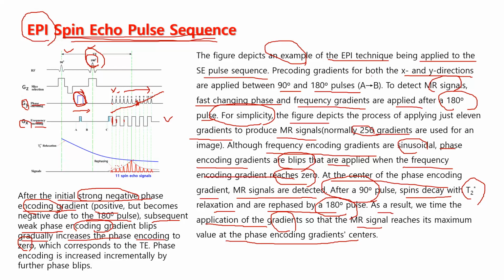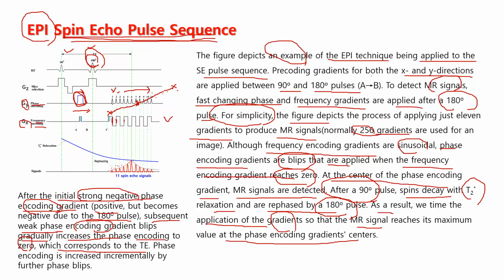So if we have 256 phase encoding gradients, then each time the phases are different. So we have 256 different phases on the signal, which corresponds to the TE.